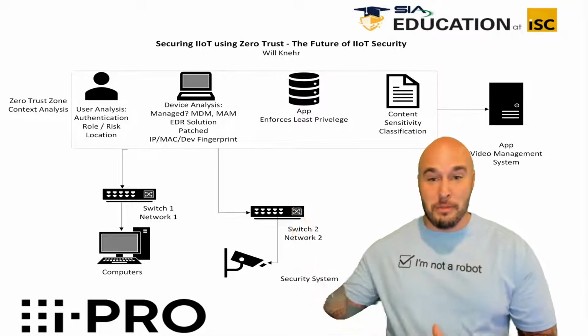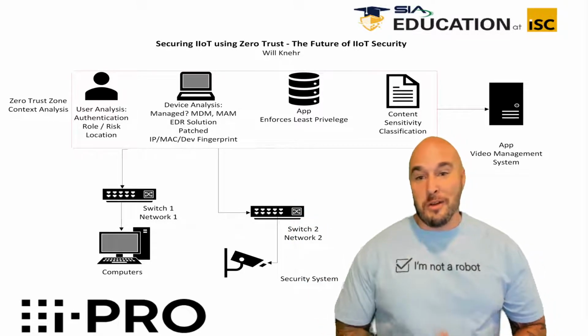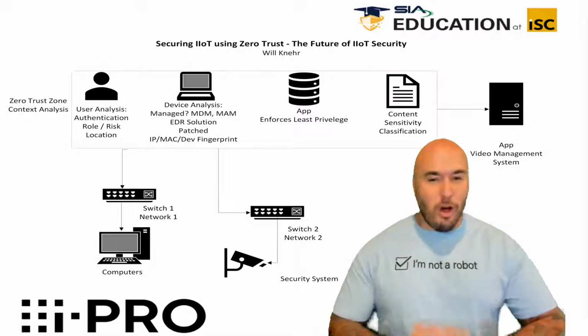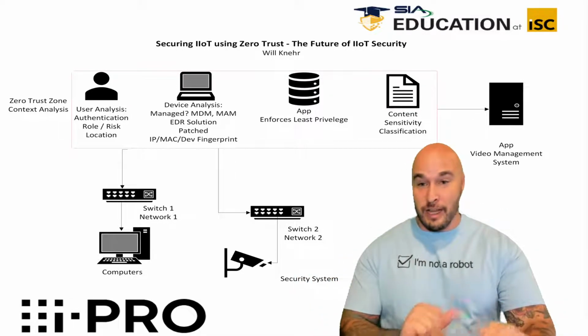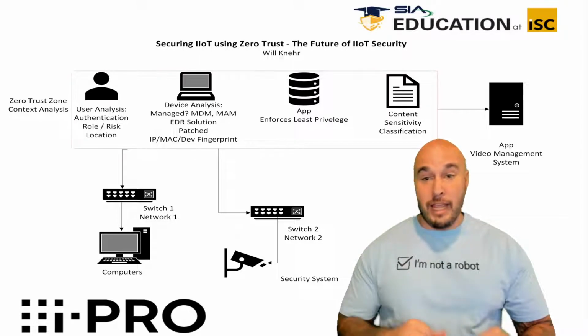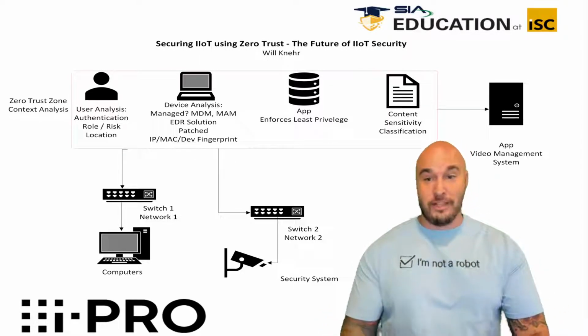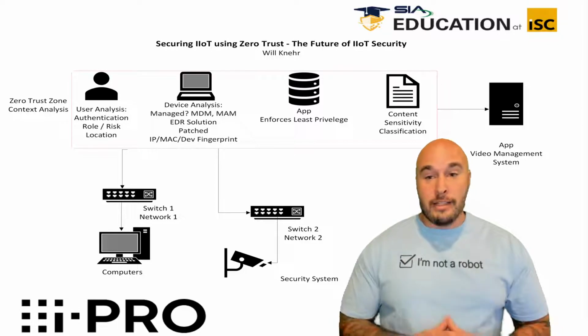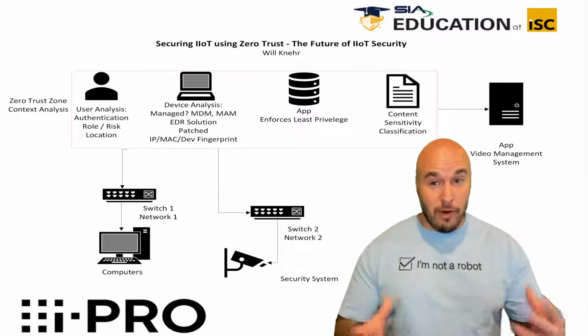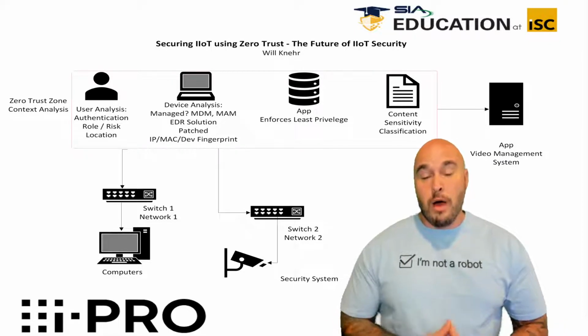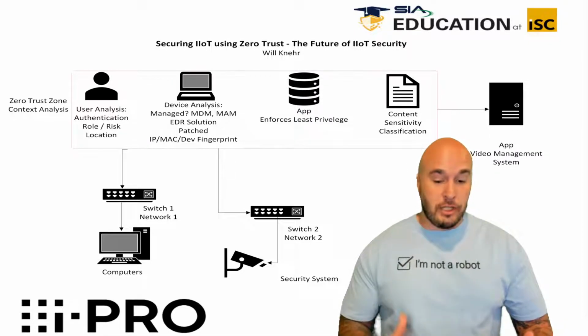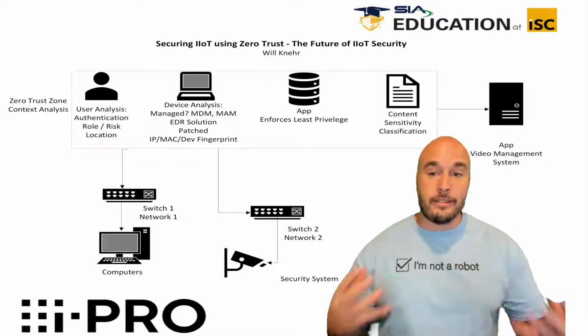So up here beside me, you see the Zero Trust Zone context analysis. I'll make way more sense of this when we actually get into the discussion and talk about it. But imagine this for a second. You have a camera or another Internet of Things device on your network. Well, instead of that device having free reign and going wherever it wants to on the internet or on your network, whenever that device tries to do something, it will go through a context analysis.